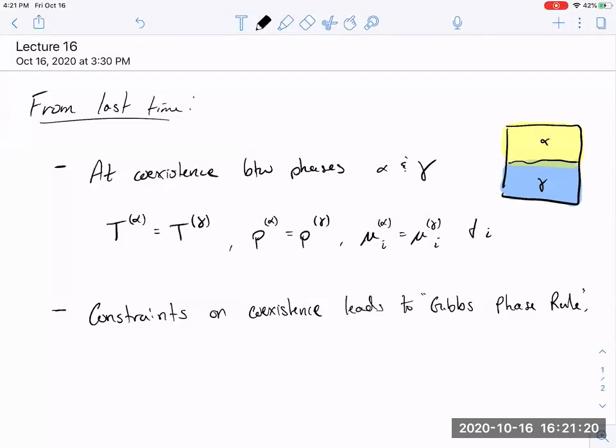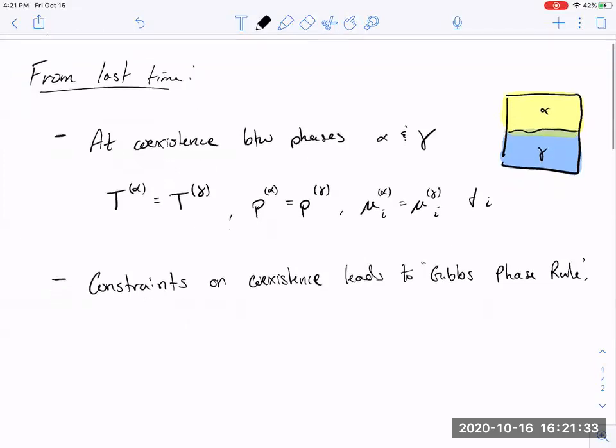It's essentially just accounting for the constraints that we have to satisfy above and the different control parameters we have. So what can vary in two phases, or some number of phases?